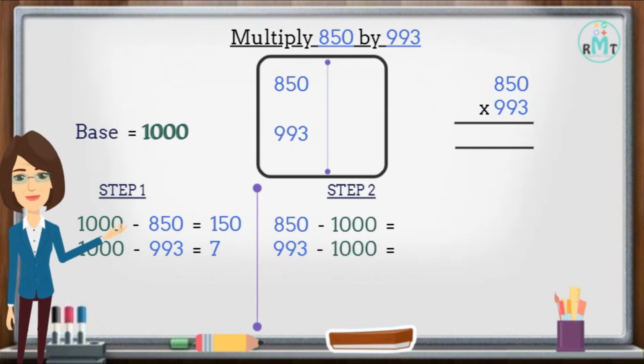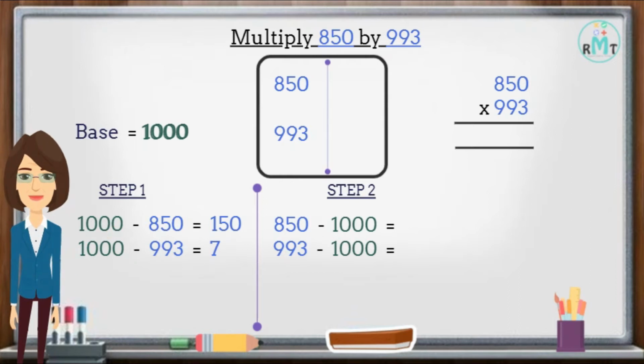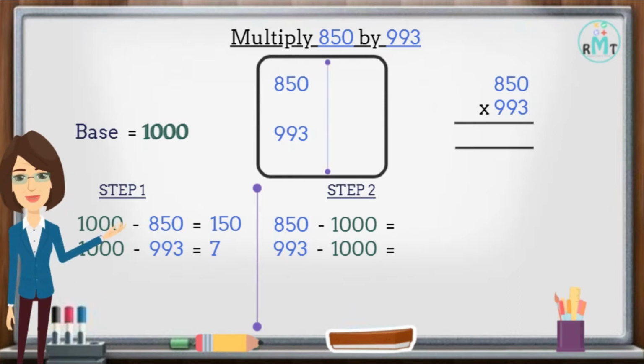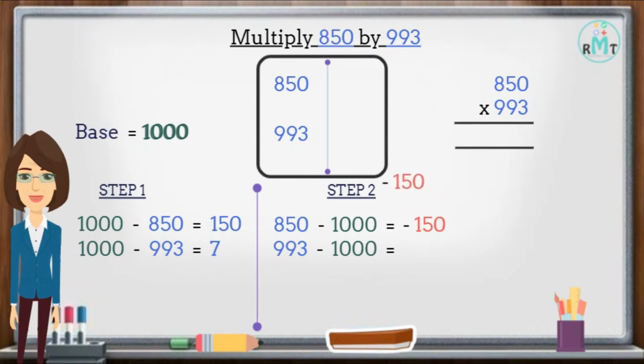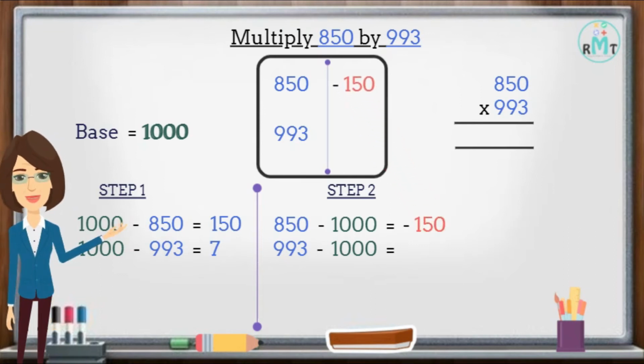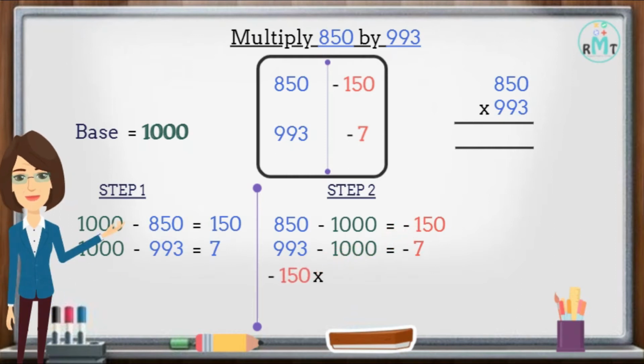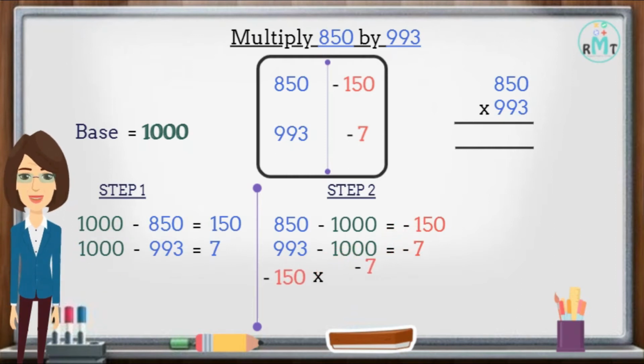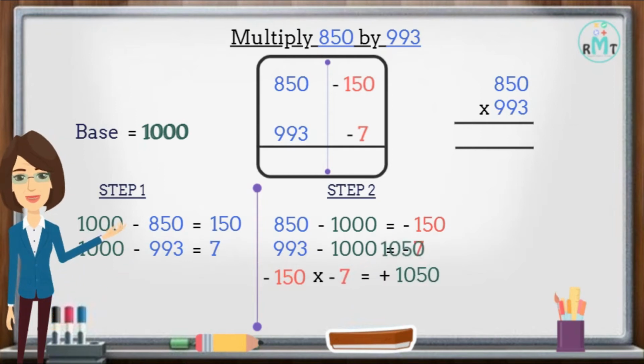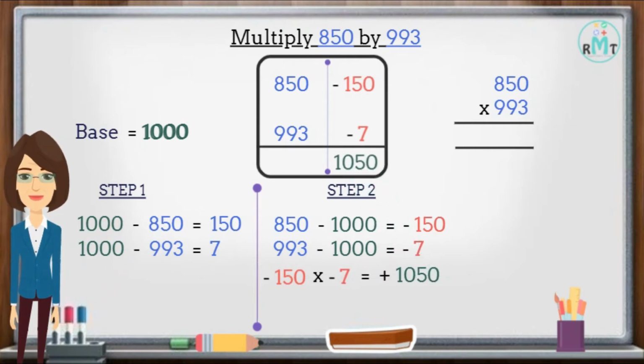Now, the difference between 850 and 1000 is minus 150. Similarly, the difference between 993 and 1000 is minus 7. Now, we multiply minus 150 with minus 7, so we get 1050 as the answer.